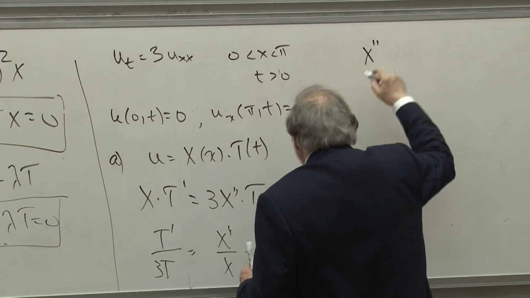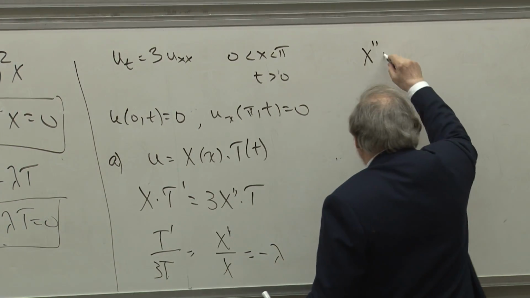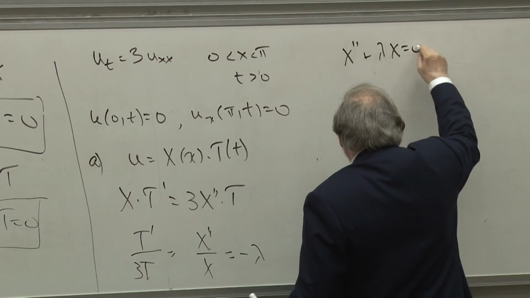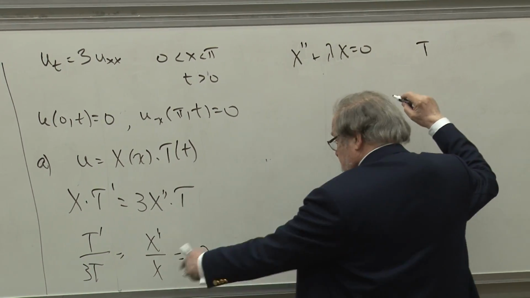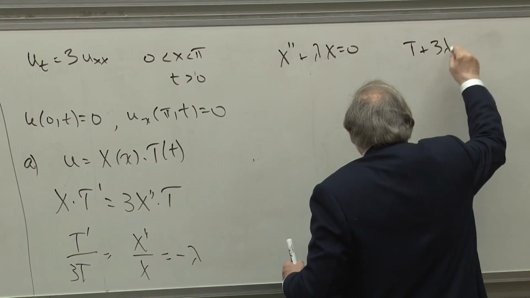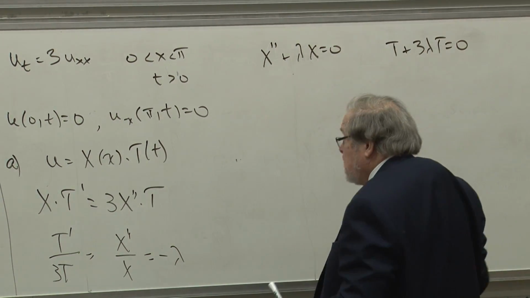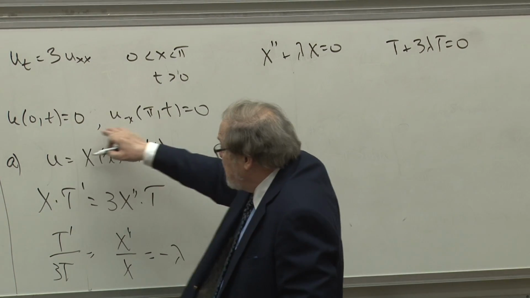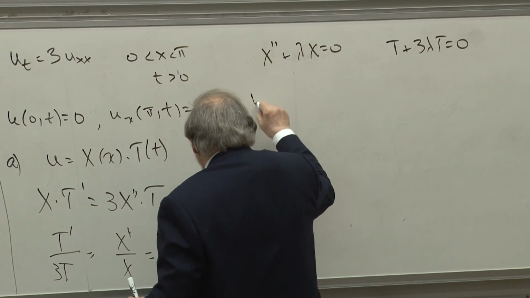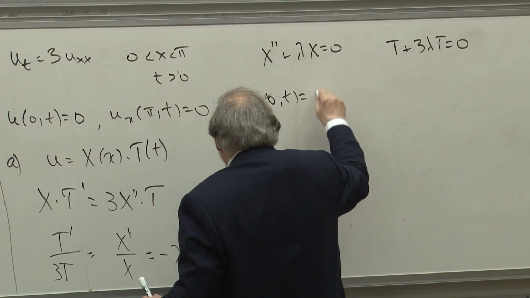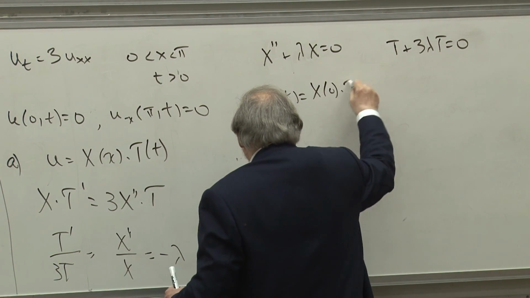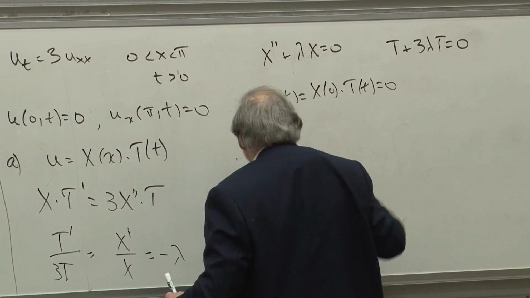So we have the two differential equations. The one in x is X double prime plus lambda X is 0. The one in t is T prime plus 3 lambda T equals 0. Now the boundary conditions, u of 0 and t, that's X of 0 times T of t equals 0.